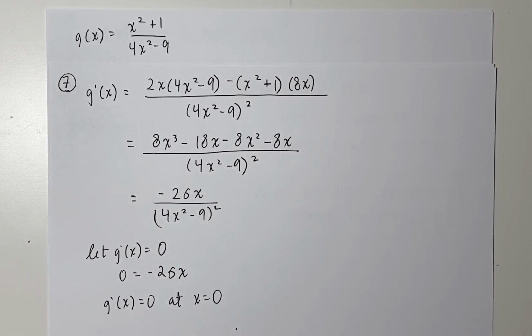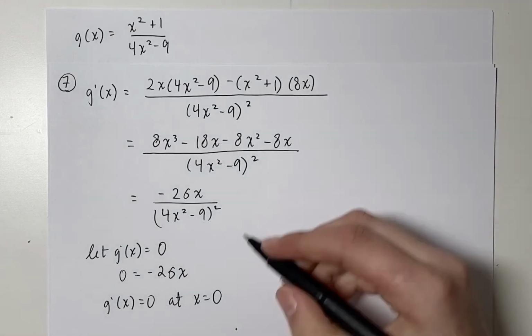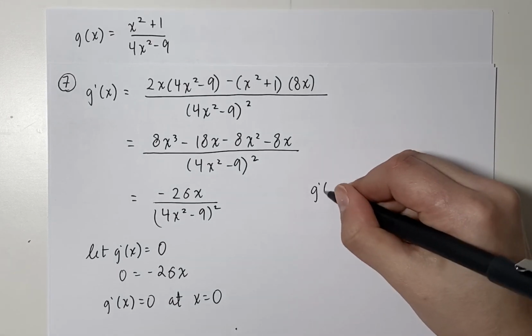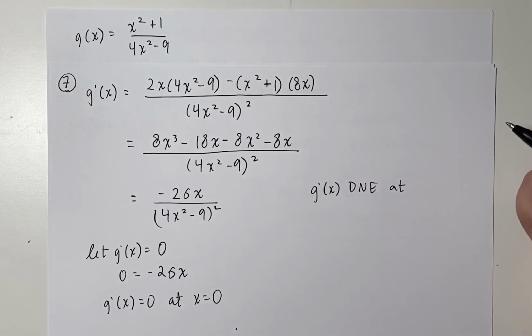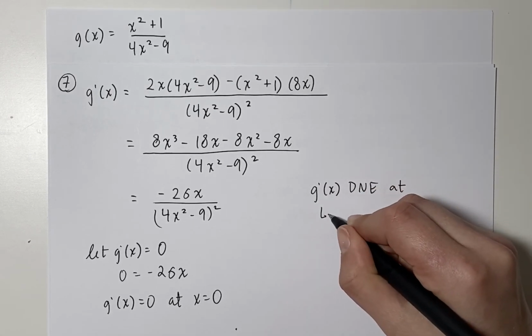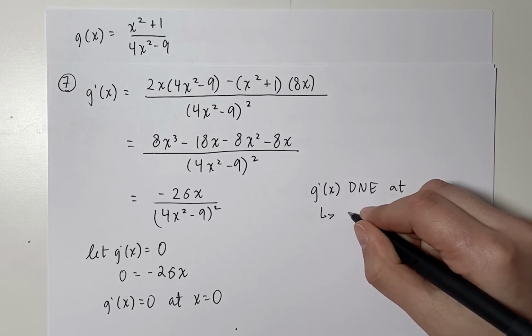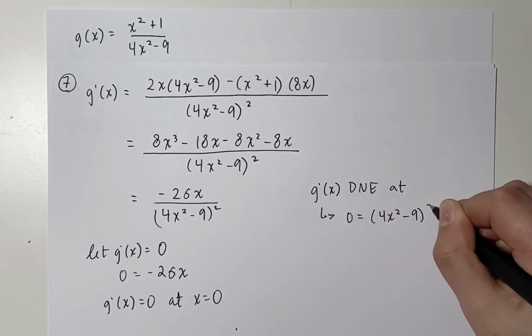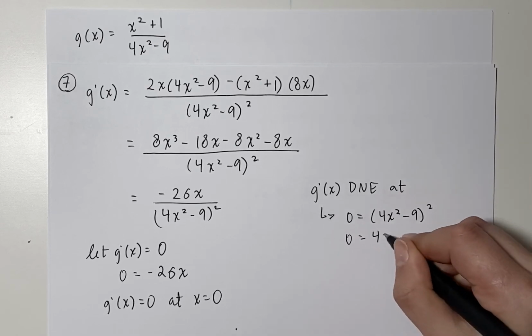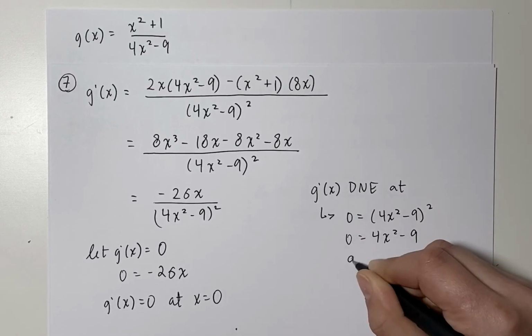And also, we're going to find where g prime of x does not exist. It's going to be when our denominator equals 0. So 0 equals 4x squared minus 9.